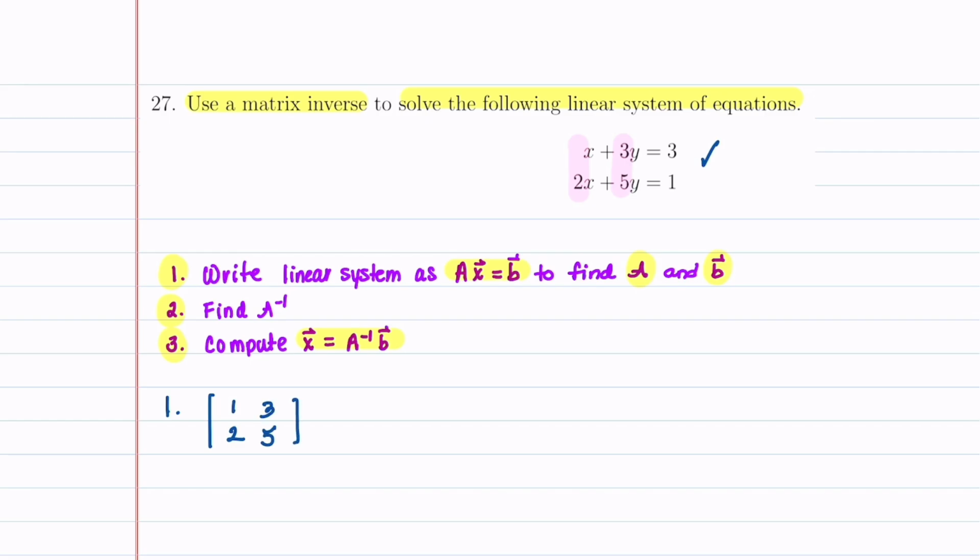And that's going to multiply our vector X, which is X, Y. And then our right-hand side is just these numbers right here, so that's equal to 3, 1. And let's mark that this is matrix A, and this is our vector B.